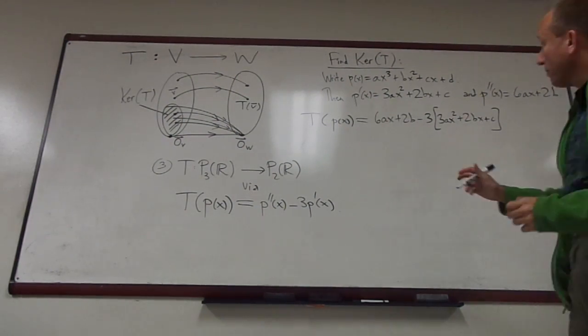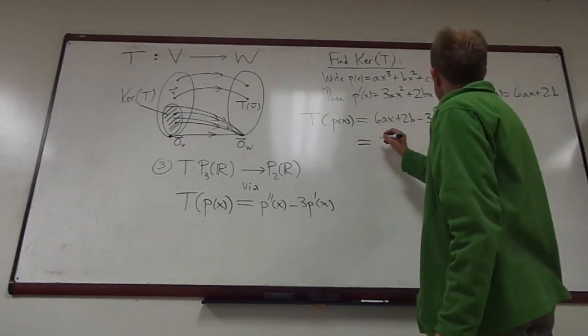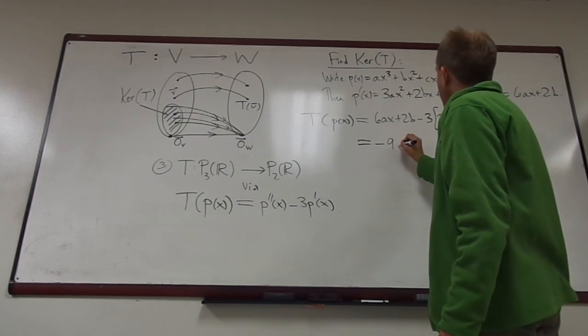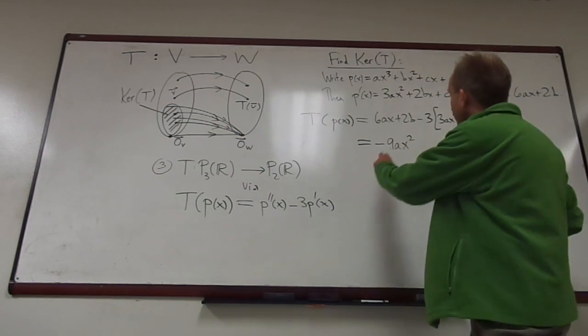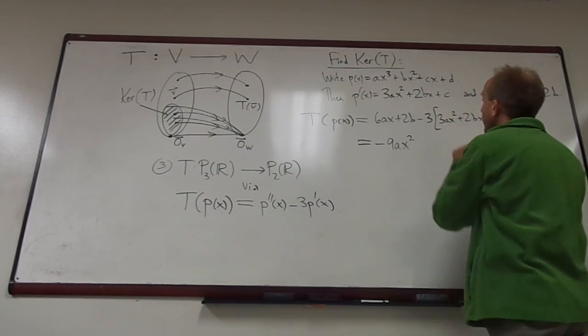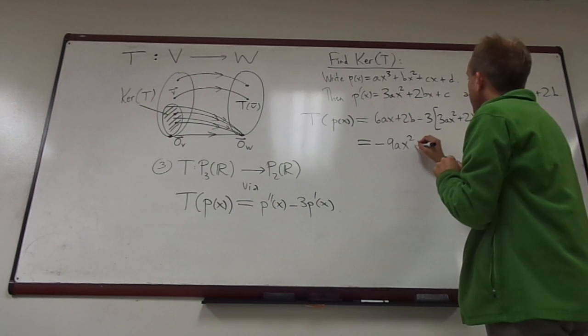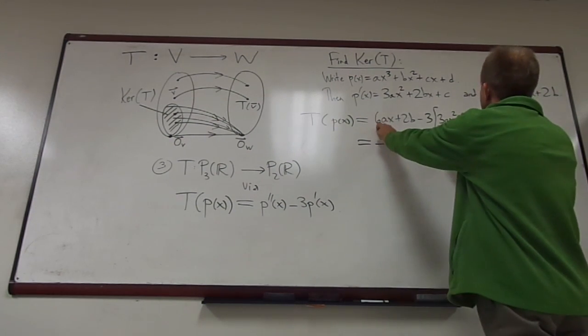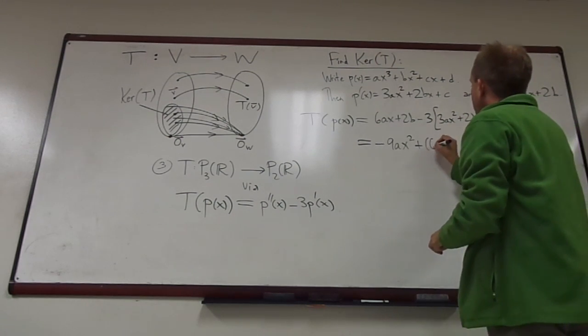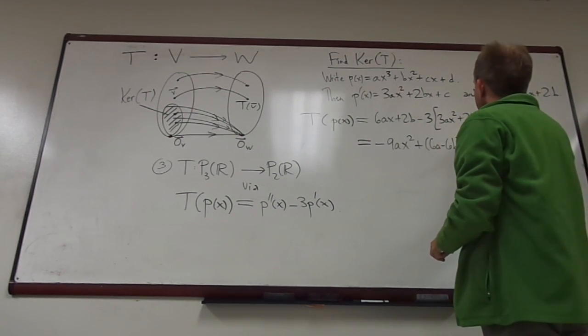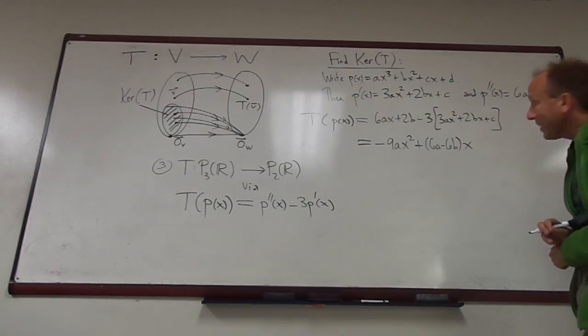That can actually be simplified pretty nicely. So this is going to be the x squared term. The way you want to simplify polynomials is according to the powers of x that you have. So negative 9ax squared. And then my x term is, I've got 6ax here, and then minus 6bx. So 6a minus 6b times x, right?